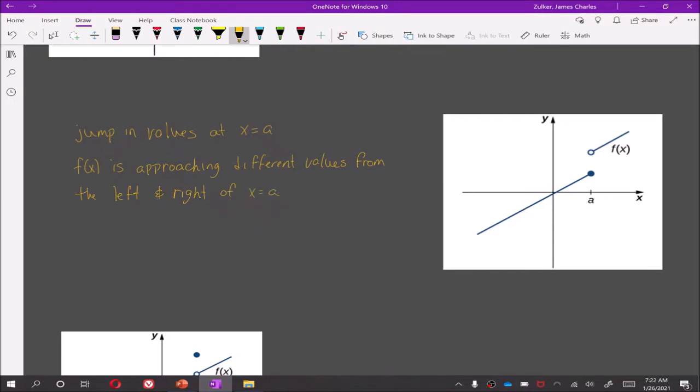Well, this now, from what we studied before, is the idea of a limit. In other words, the limit as x approaches a from the left of f of x does not equal the limit as x approaches a from the right of f of x. Which of course means that the limit as x approaches a of f of x does not exist.